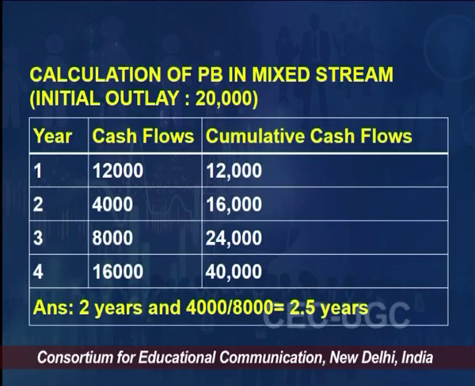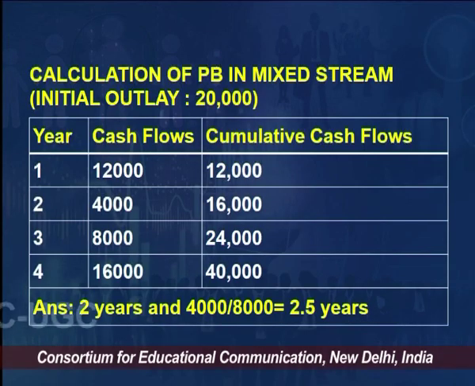The calculation of PB in a mixed stream: year 1, 2, 3, 4, cash flows after tax are given as 12,000, 4,000, 8,000, 16,000. The initial investment at the top is given as 20,000.